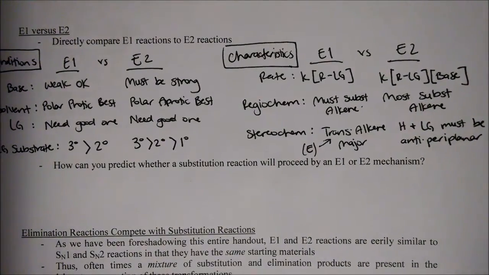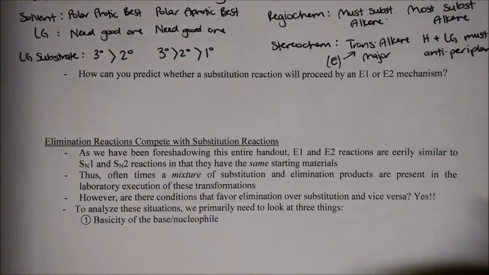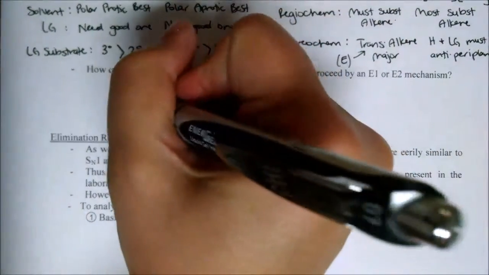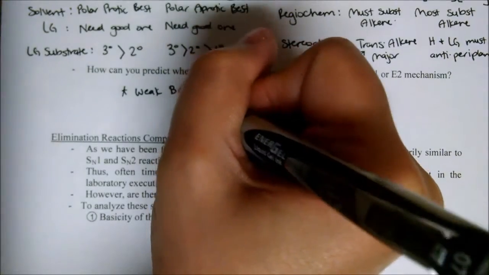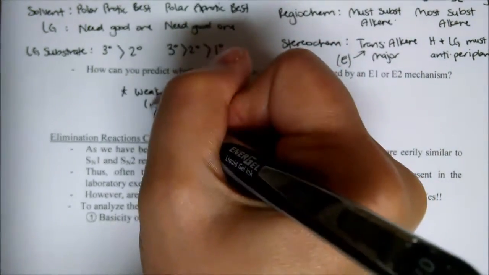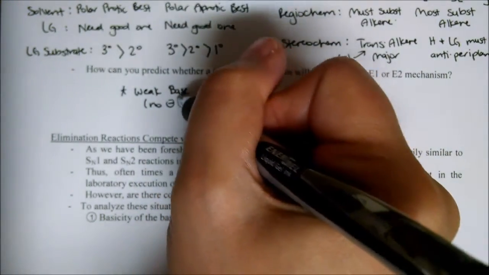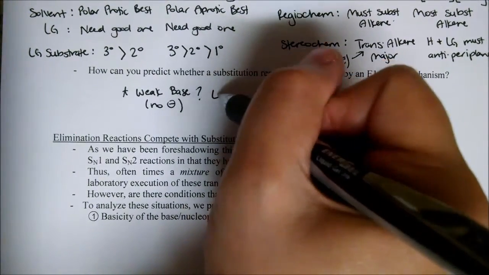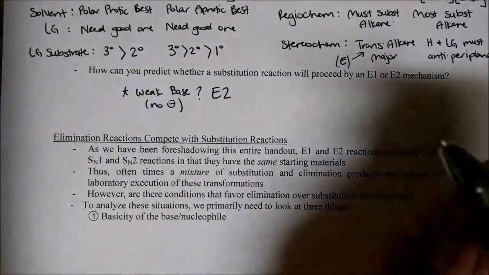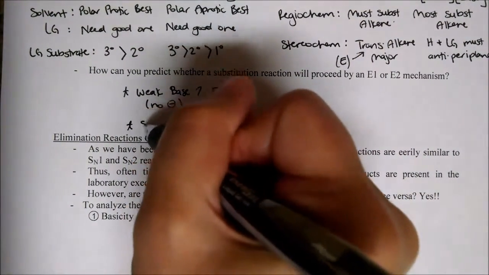Okay? So how can we predict whether it will be E1 or E2? Well, first look at the base. If it's weak, as in nice and neutral, no minus charge, what is it going to be? Is it going to be E2? No. We need a strong base for E2.